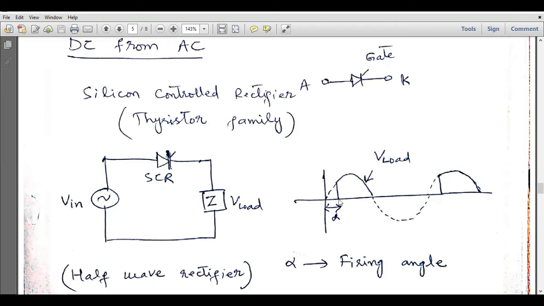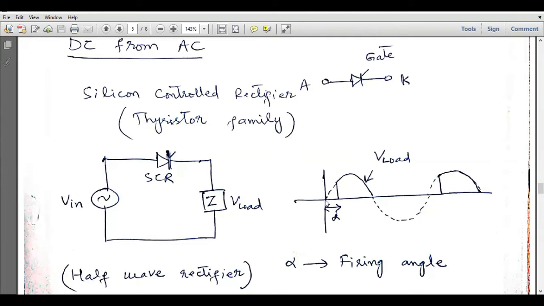But in a controlled rectifier, we have to use SCR, which is called silicon controlled rectifier, and with this circuit we can control this firing angle alpha by applying the pulse at the gate of this thyristor at any time.